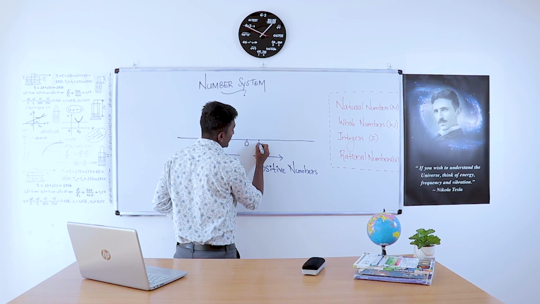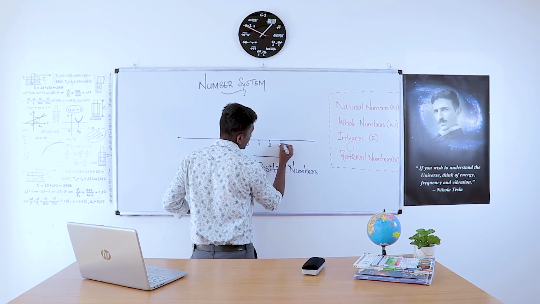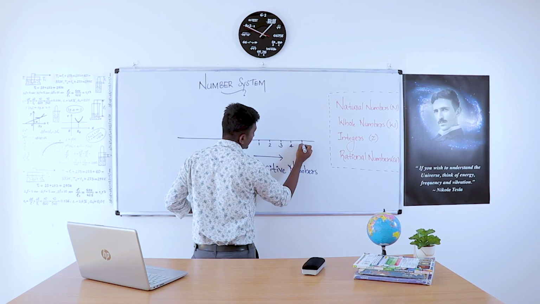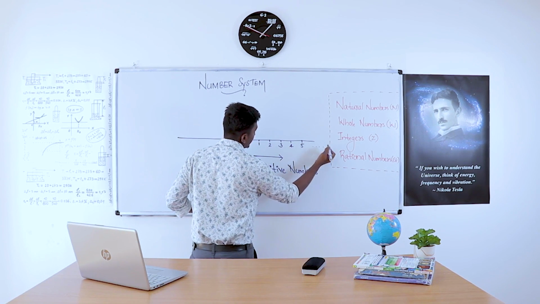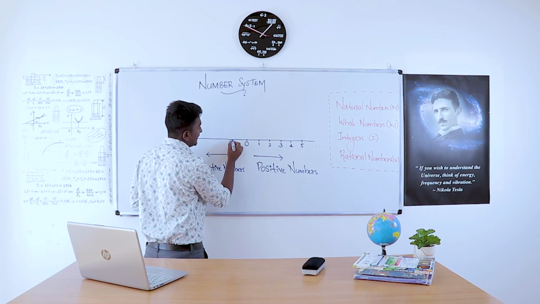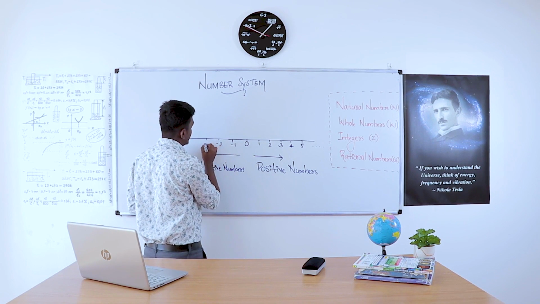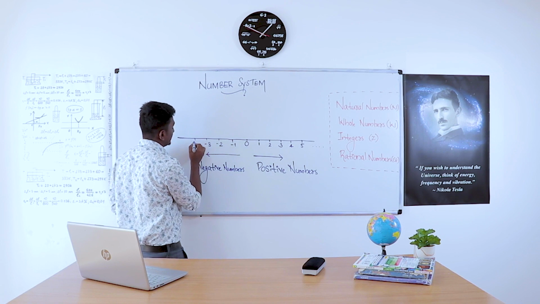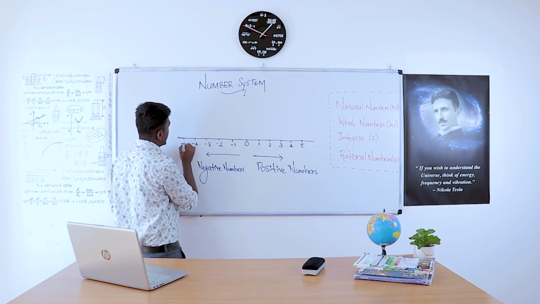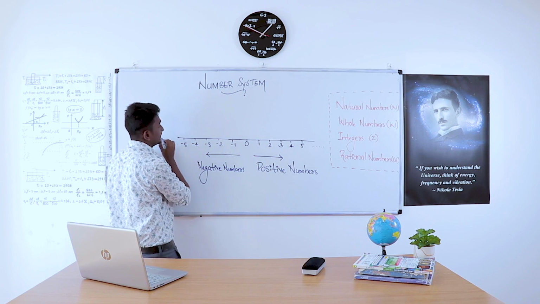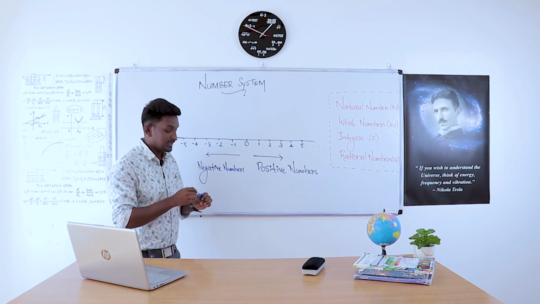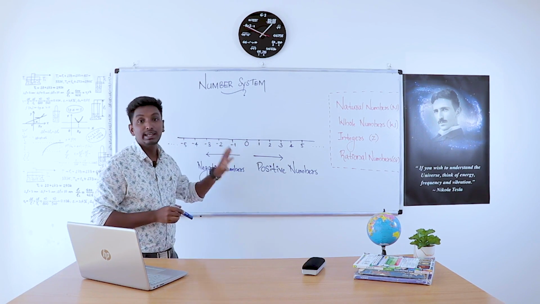Now I am going to mark 1, 2, 3, 4, 5, etc. Towards the left, it is -1, -2, -3, -4, -5, etc. And this is how a number line looks.